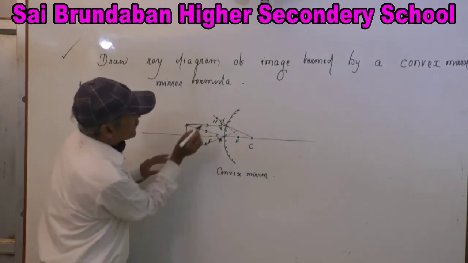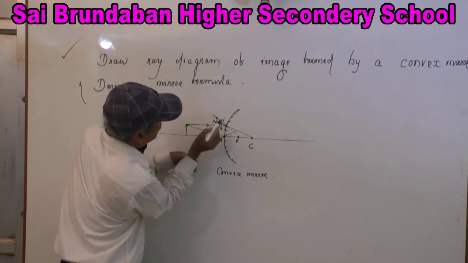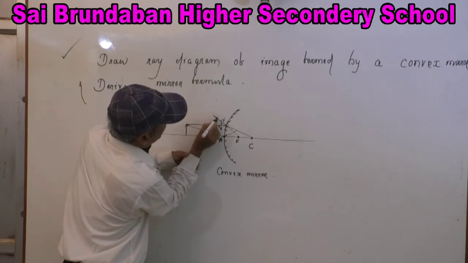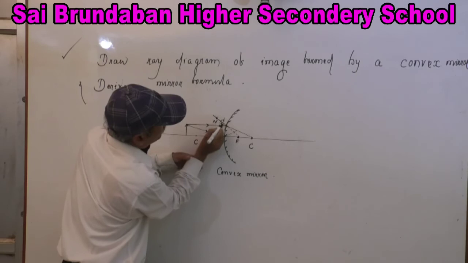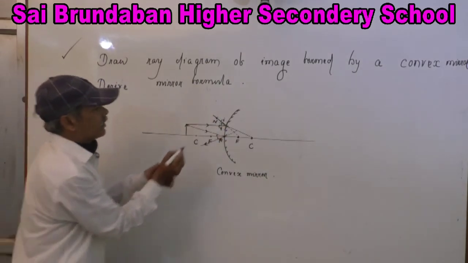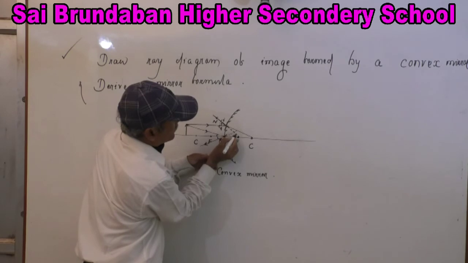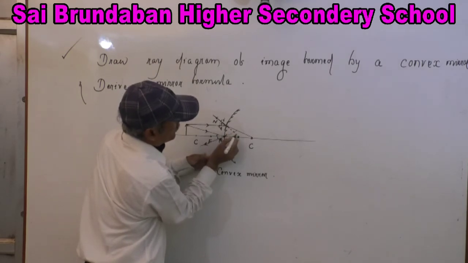This is the reflected ray. We extend the reflected ray in this direction, which meets the principal axis at the focus.